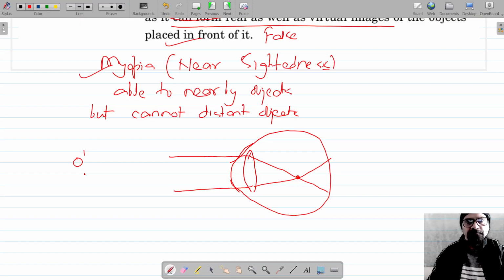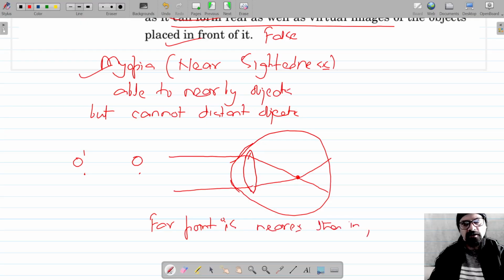His far point is now here, nearer than infinity. The far point means the maximum distance up to which a person can see. So the far point is nearer than infinity, which means the rays of light coming will meet in front of the retina.